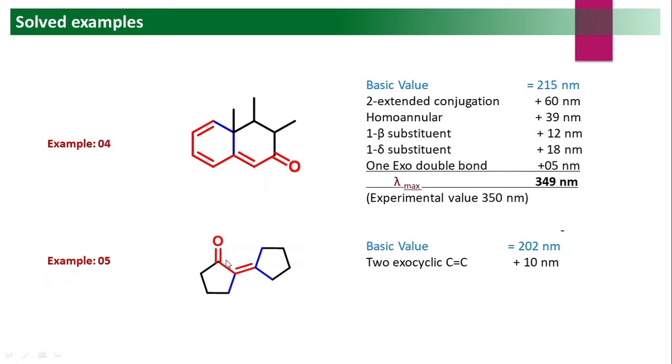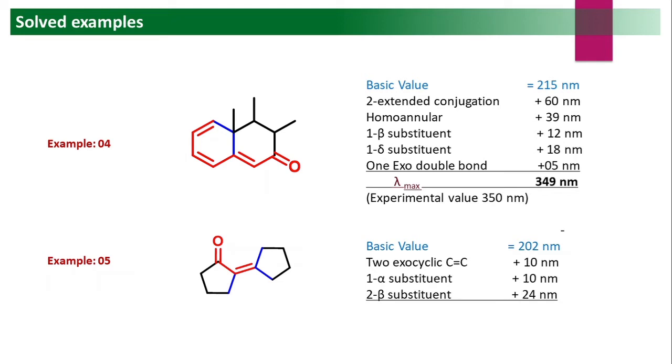This is the ketone, so the first carbon is alpha. For the alpha substituent, we have to add 10 nanometer. Now this is the beta carbon. At the beta carbon there are two substituents, and for each substituent we have to add 12 nanometer. So 2 into 12, you have to add 24 nanometer.